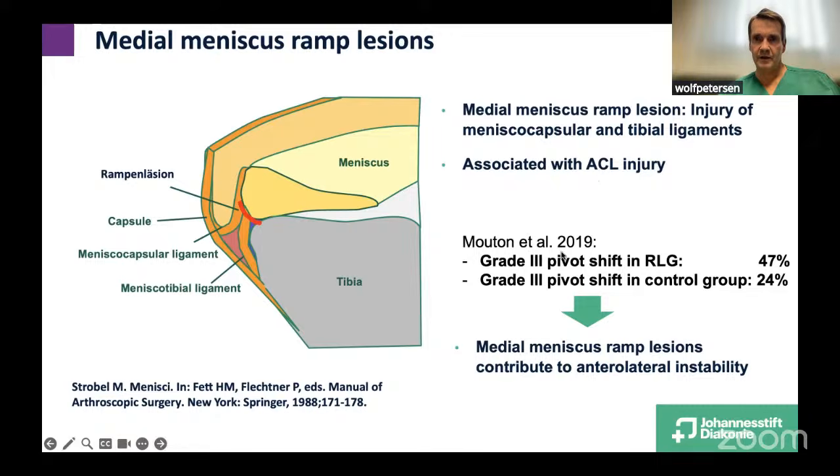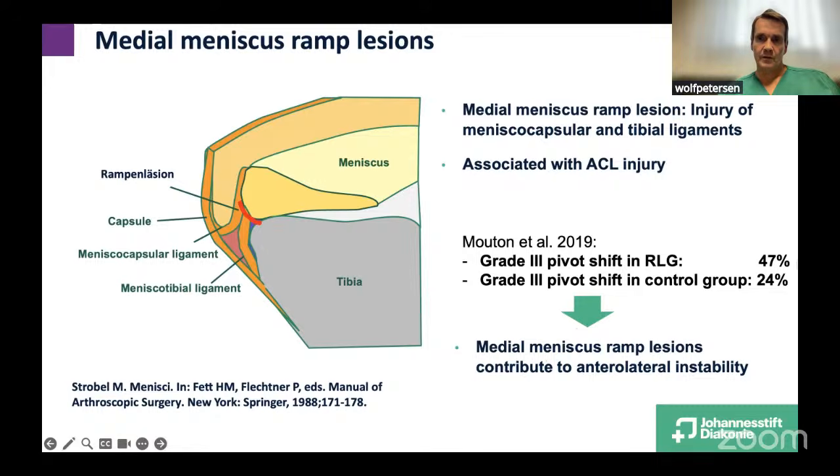In this study, also from Luxembourg, Mouton and Seil have shown that when we have a meniscus ramp lesion, then the prevalence of a high-grade pivot shift is much higher than in the group without a ramp lesion.